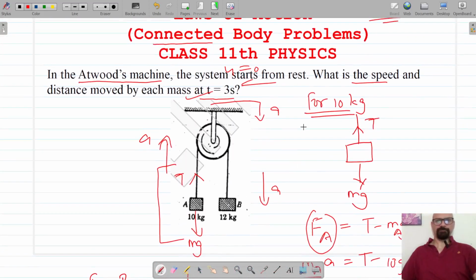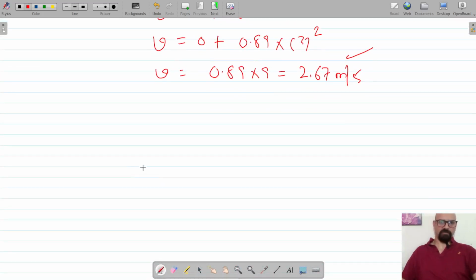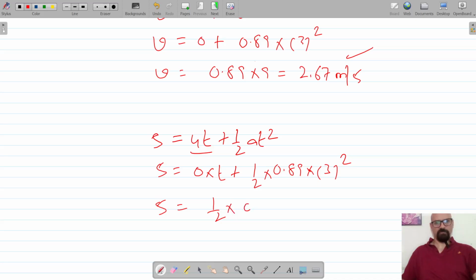Now we have to find the distance moved by each mass. Time is equal to 3 seconds. So we are going to use the equation s = ut + (1/2)at². Here u is 0, so 0 times t, and this is half times acceleration 0.89, times t squared, which is 3 squared. So the distance is half times 0.89 times 9.